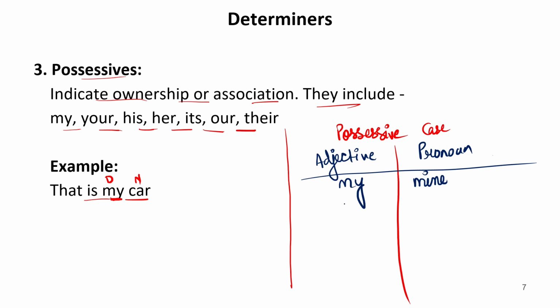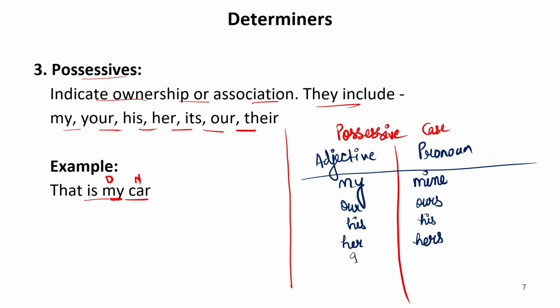For we, we can use our as an adjective and ours as a pronoun. For he, we can use his or his, meaning his is the same in both cases. For she, we can use the possessive adjective her, and hers as a pronoun.